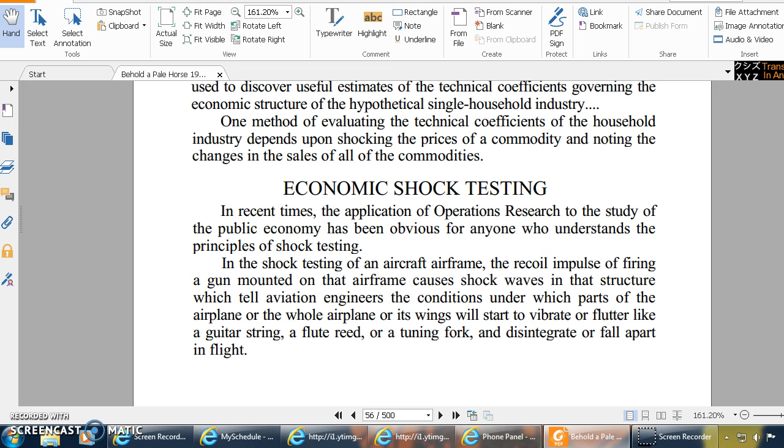In the shock testing of an aircraft airframe, the recoil impulse of firing a gun mounted on that airframe causes shock waves in the structure which tell aviation engineers the conditions under which parts of the airplane or the whole airplane or its wings will start to vibrate or flutter like a guitar string, a flute reed, or a tuning fork, and disintegrate or fall apart in flight.